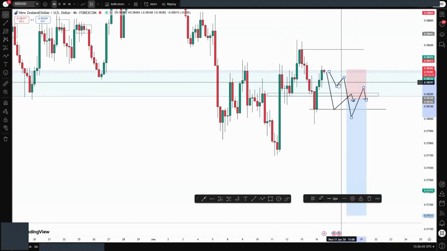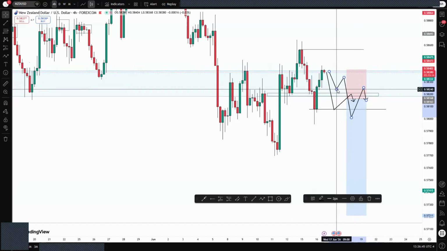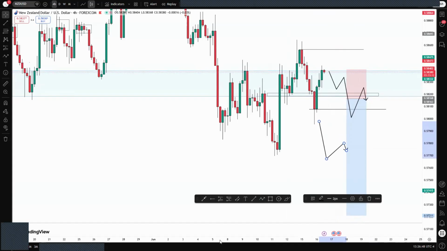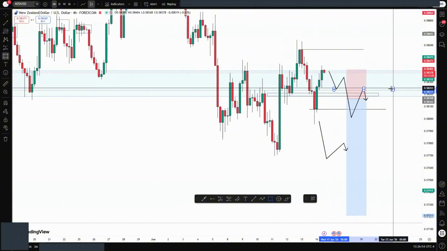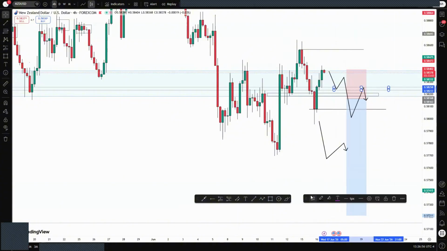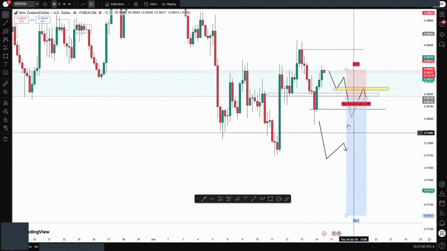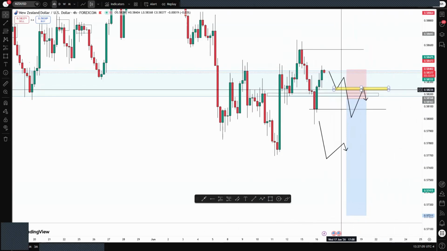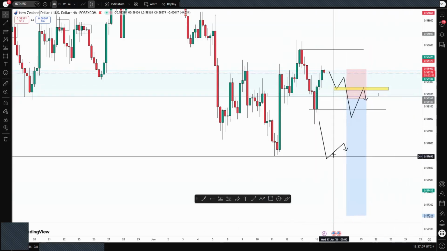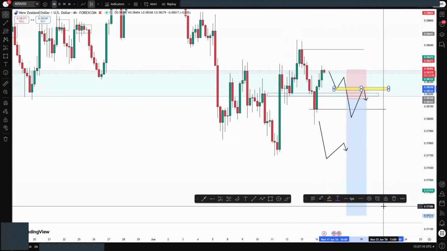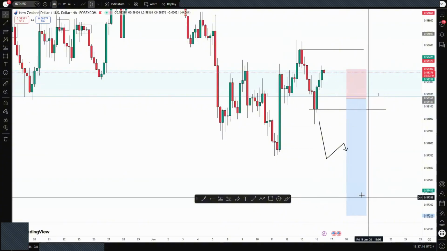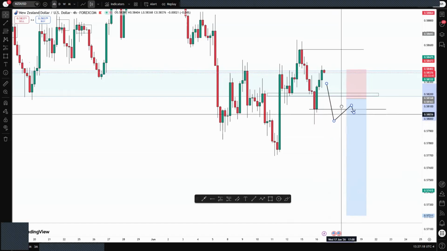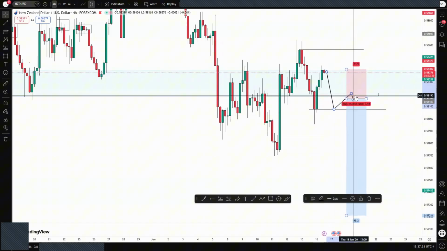You see, if price ends up forming something like this, then our interest of selling changes to this point here, because this will be our last point where price should be tested in order to sell. But we haven't gotten that yet. So we stick to price testing this level.